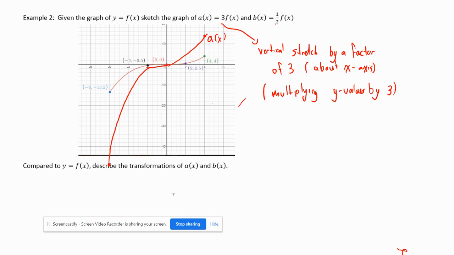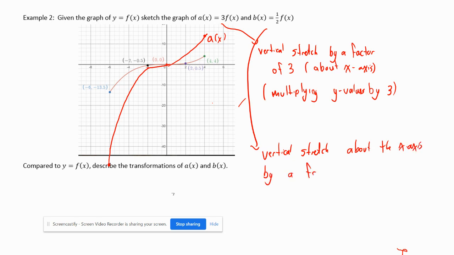All right, what's 1/2 f of x going to be? So this is going to be a vertical stretch, I'm going to say about the x-axis, by a factor of 1/2. This means we multiply y values by 1/2.